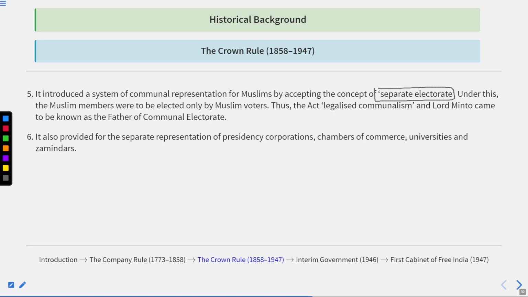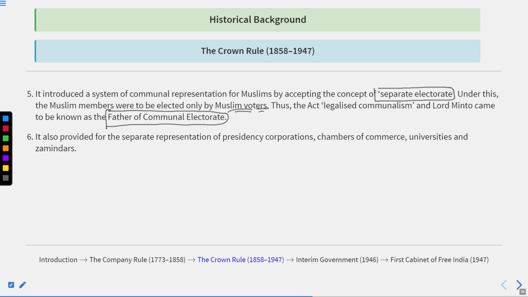Under this, the Muslim members were to be elected by the Muslim voters only. Thus, the act legalized communalism, and Lord Minto came to be known as the father of communal electorate. So what happened? Whosoever would be the member of the Viceroy councils and the provincial councils, if the member is Muslim, then he could only be elected by the Muslim voters.